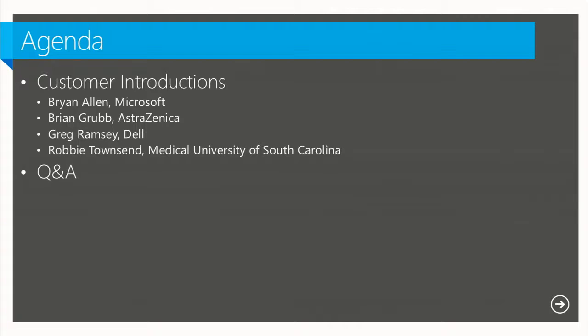As I said, my name is Robbie Townsend. I'm a senior systems engineer and team lead at the Medical University of South Carolina. I'm primarily responsible for all things related to Configuration Manager, SCEP, AppV, and FIM. I guess our lab environment, they asked to describe our lab environment, which my answer was our lab is production.